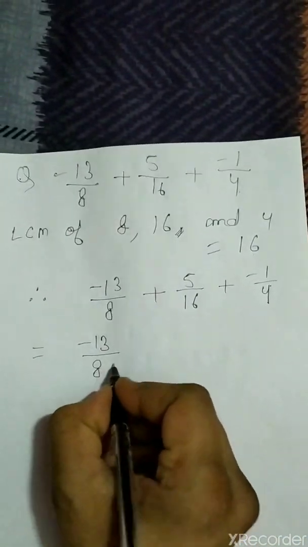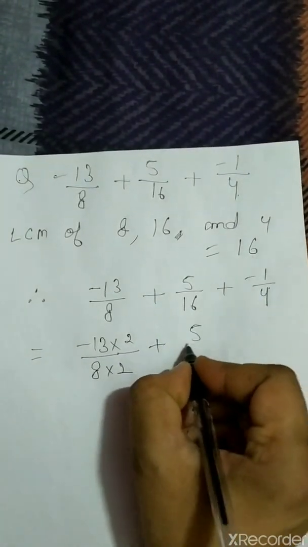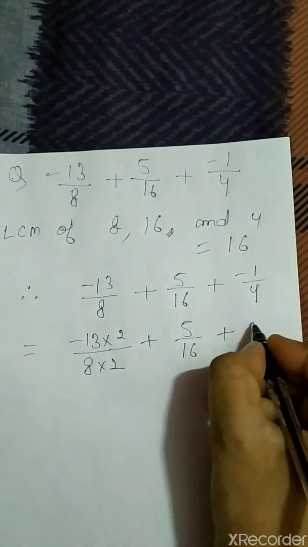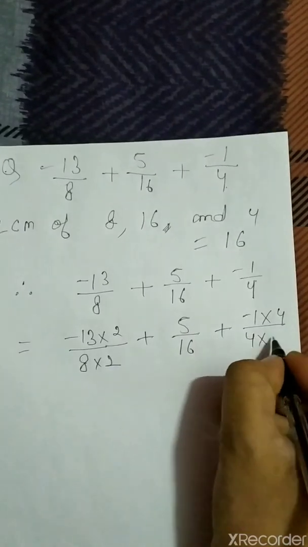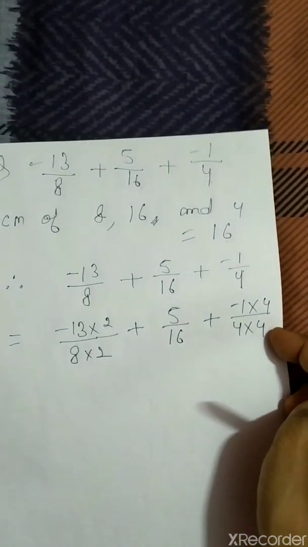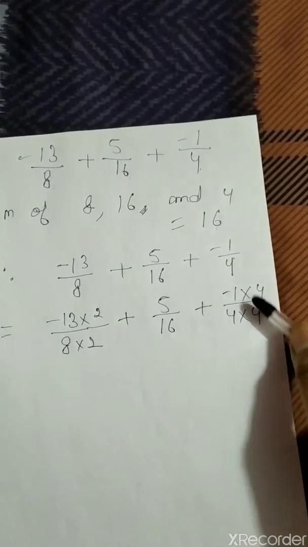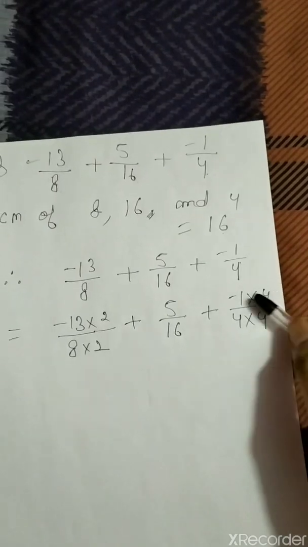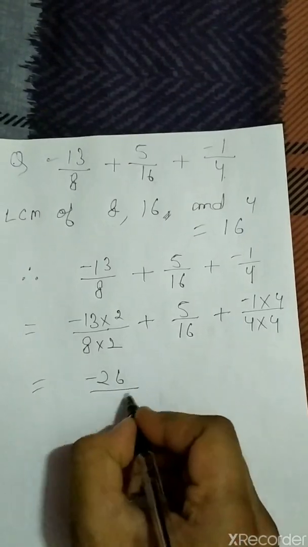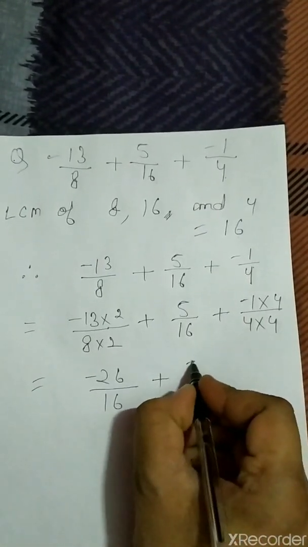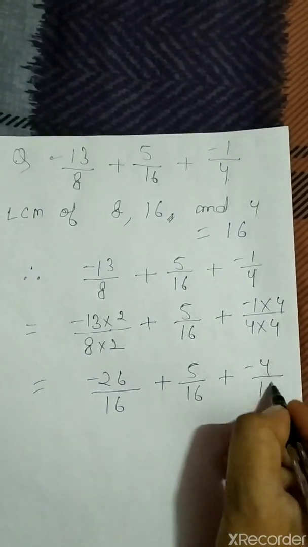Minus 13 by 8 into 2, and here it is already 16. Here minus 1 into 4 and 4 into 4. Why do you multiply with 4? Because 4 into 4 is 16. So minus 26 by 16 plus 5 by 16 plus minus 4 by 16.